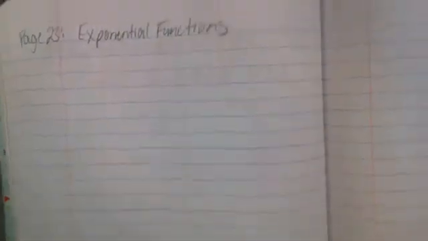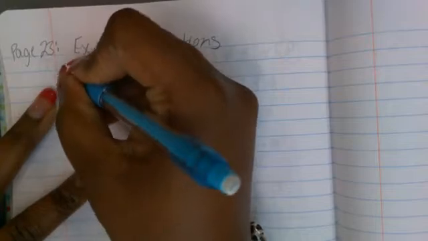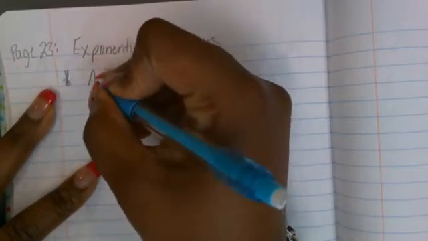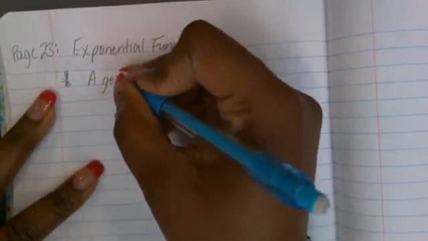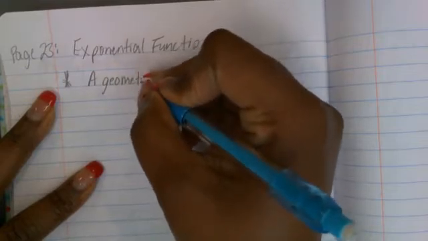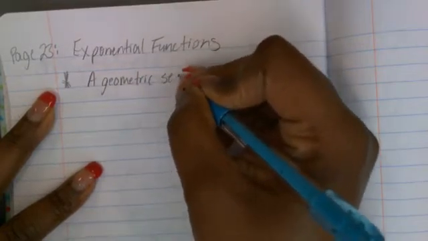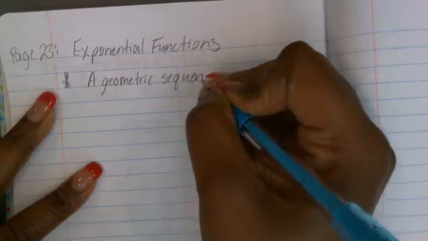All right, so let me make sure I got this in. Okay, so now look at this. An exponential function is a geometric sequence, okay? That's number one. Then what is a geometric sequence?